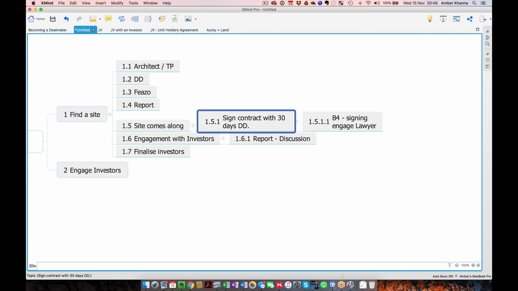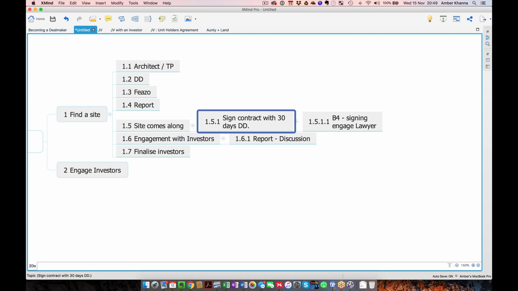That's true. Does that hold good for both private sale and auction scenarios? If you are a real developer, you don't buy sites at auction. Okay, makes sense.